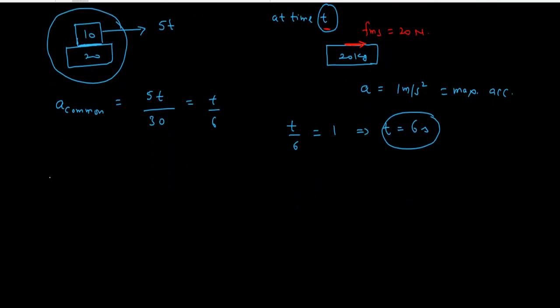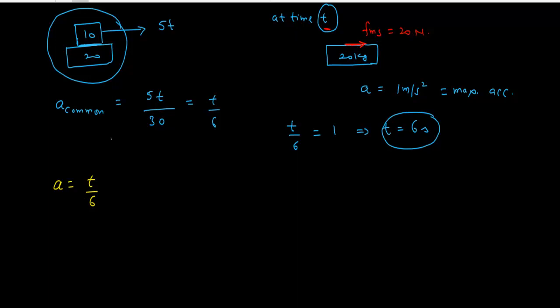As the blocks are moving together, they have common velocity also up to 6 seconds. In order to find that common velocity, we have this result: acceleration is equal to t by 6.